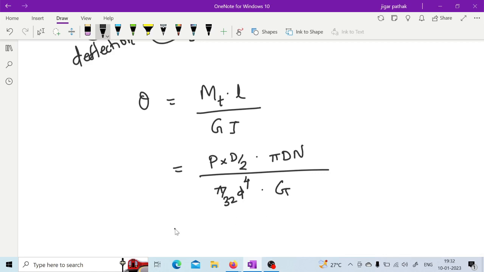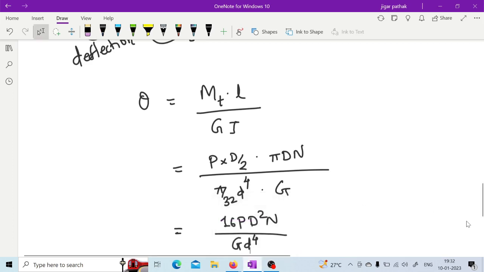So if you give simplification, then you will come up with this 16 P d square n upon G d raised to 4, right? So this is how you are having your this angle of twist.